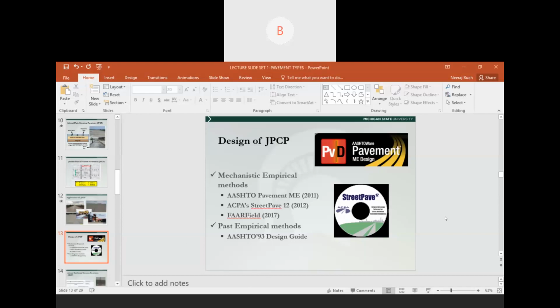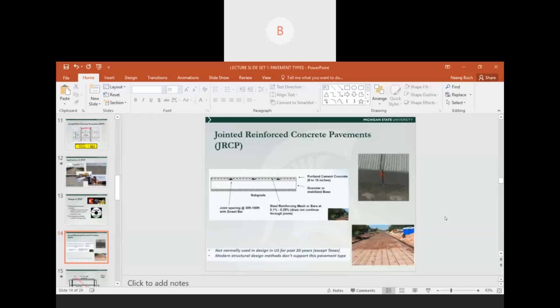Another family of jointed concrete pavements is called the jointed reinforced concrete pavement, or JRCP. And the big difference between JRCP and JPCP is that, well, there are two differences. One is the joint spacing.